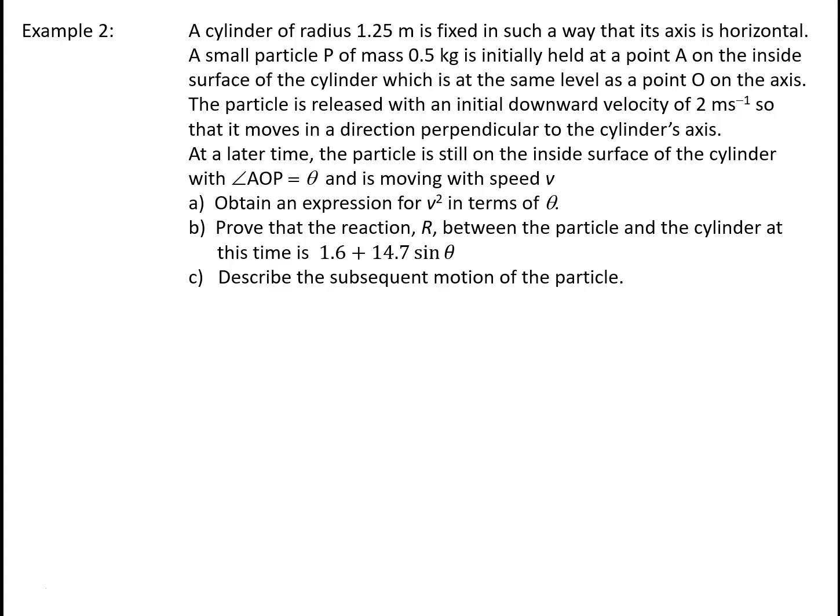The particle is released with an initial downward velocity of 2 meters per second, so that it moves in a direction perpendicular to the cylinder's axis. At a later time, the particle is still on the inside surface of the cylinder with angle AOP equals theta, and the particle is moving with speed v.